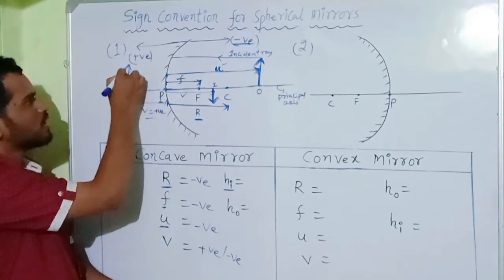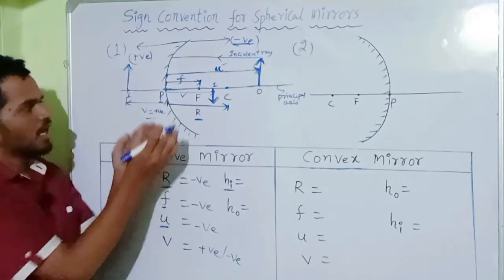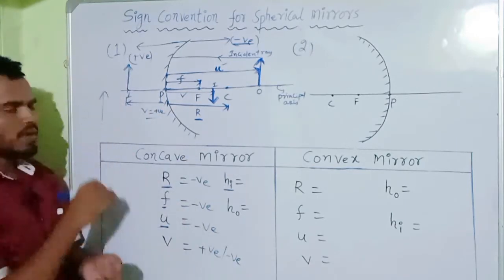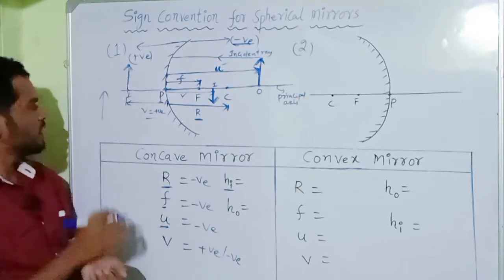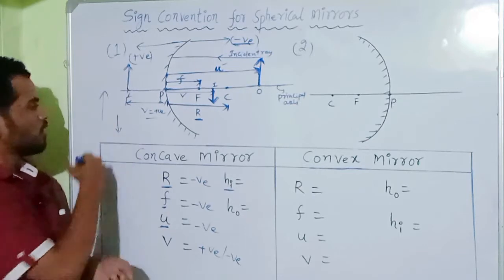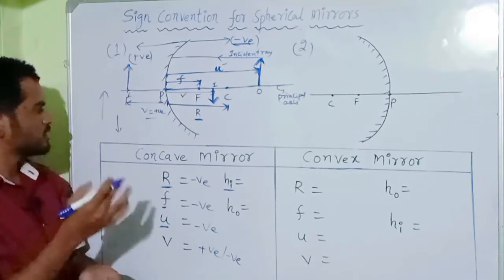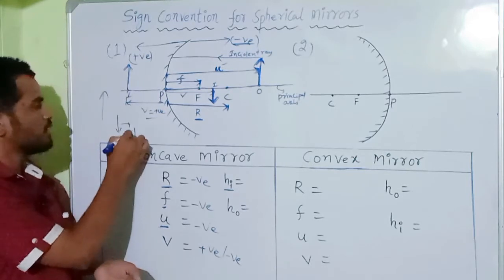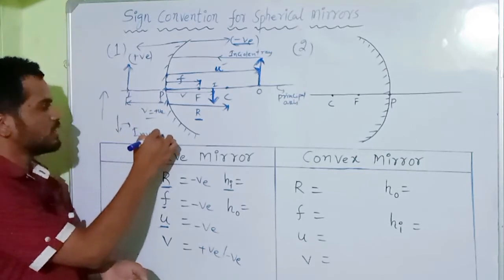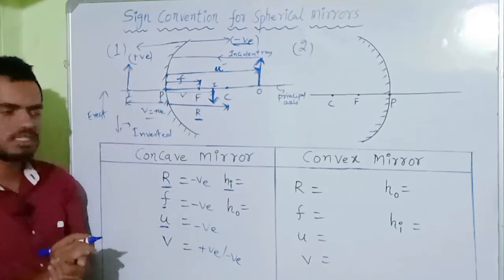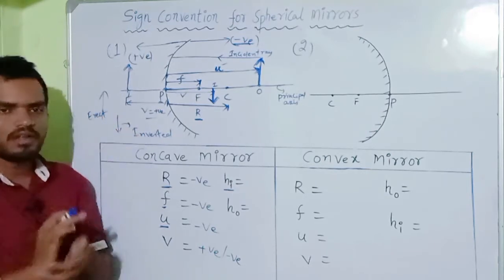In one case the image is virtual, meaning in the concave mirror the image formation takes place as an erect image. Out of 5 cases, you will get 4 inverted images, and you will get an erect image in the concave mirror.